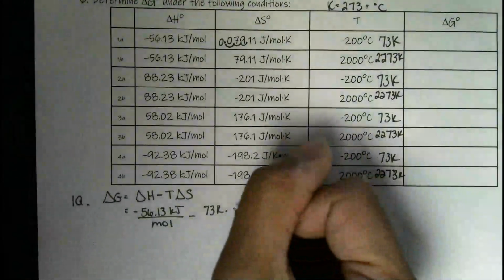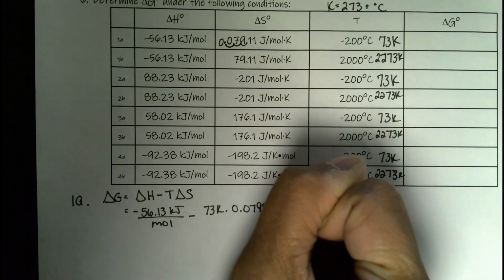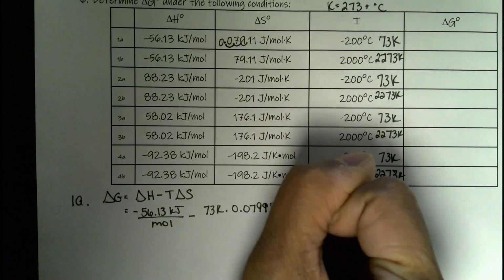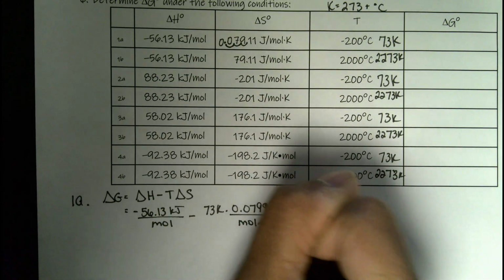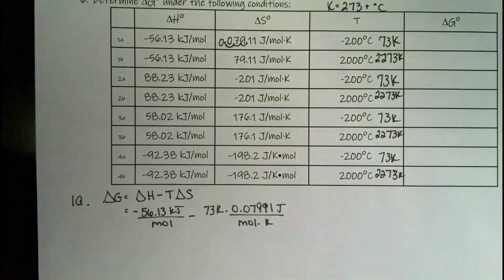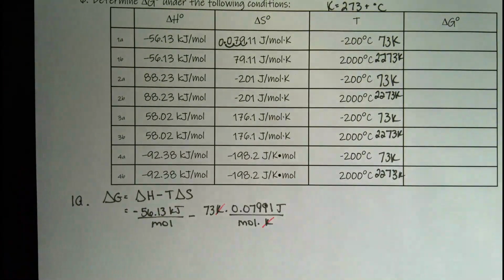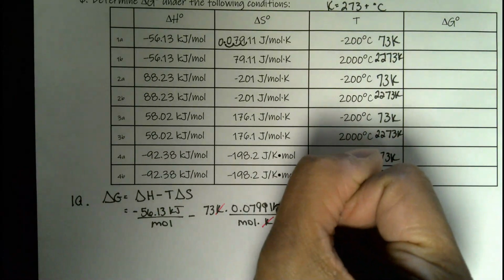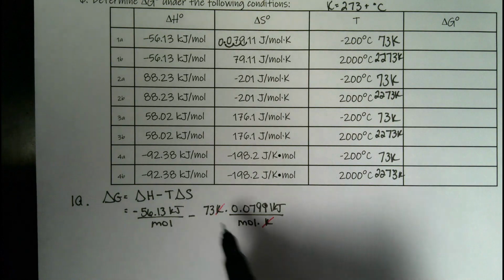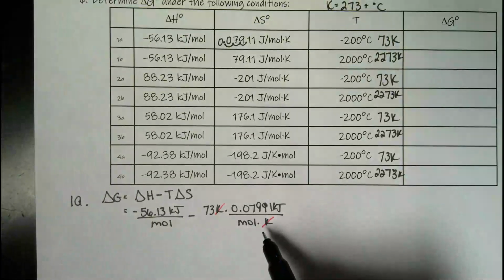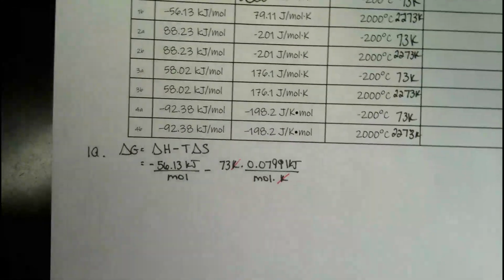So this is 73 Kelvin times 0.07911 kilojoules over moles times Kelvin. Notice my Kelvins cancel. I'm sorry, this should have been kilojoules, because I converted that over already. So now I've got kilojoules over mole minus kilojoules over mole. That mathematically will work. You can't subtract unlike units.